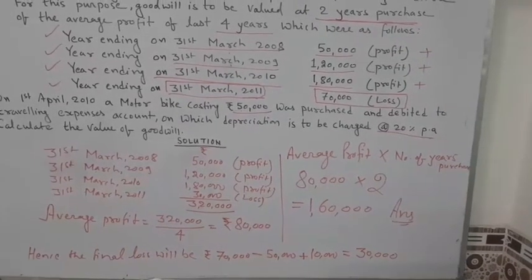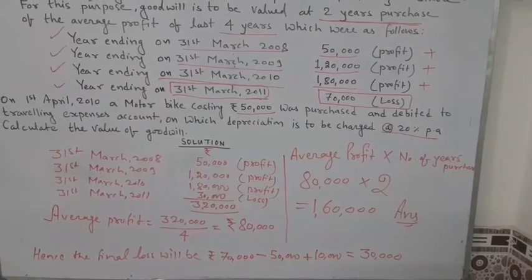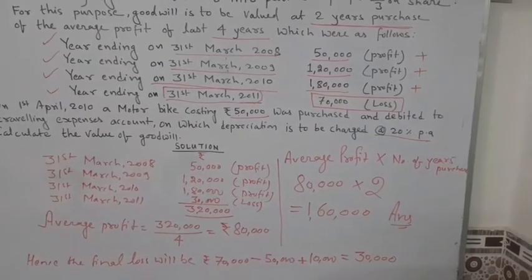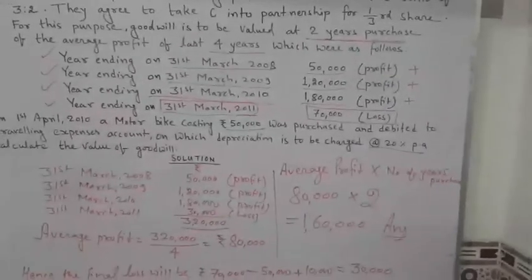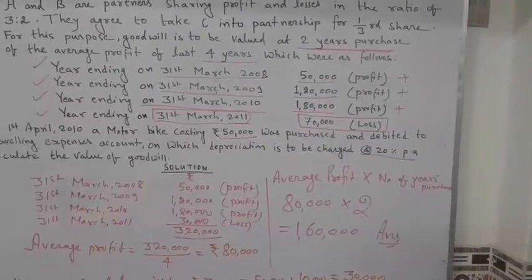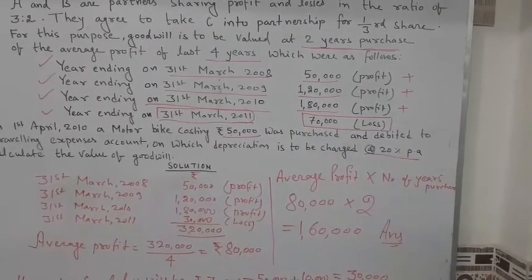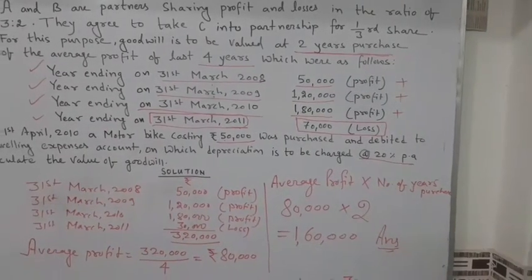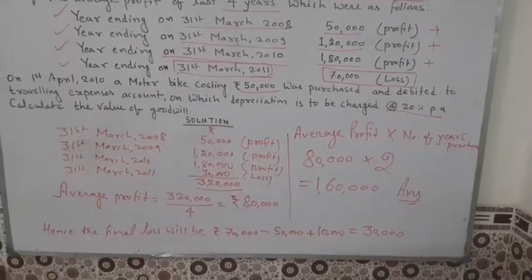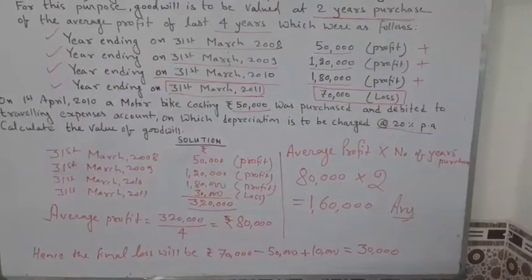And 31st March 2010, 1,80,000 profit. And 31st March 2011, 30,000 loss. How we will calculate loss? We know very well.